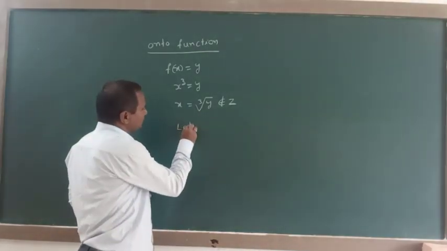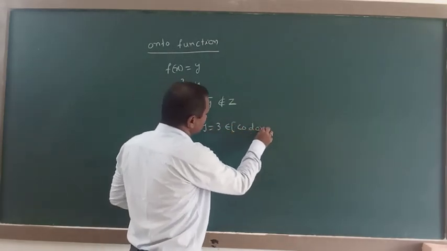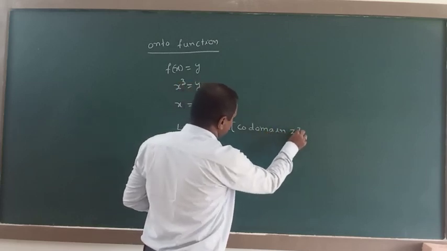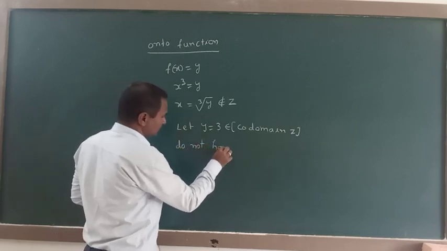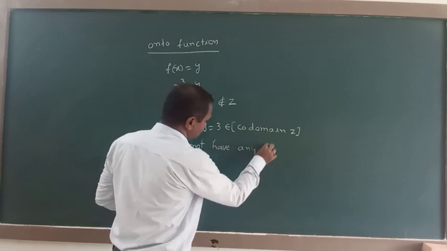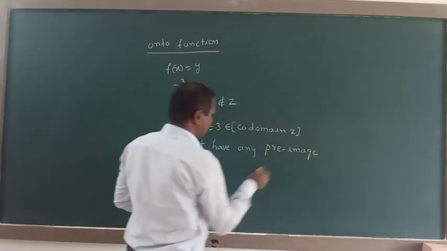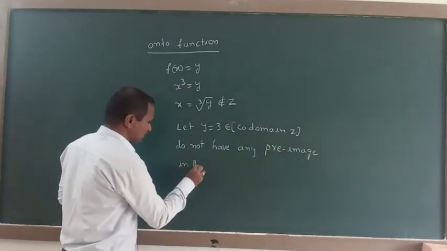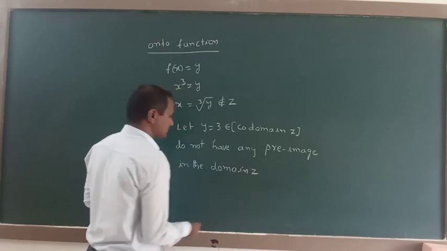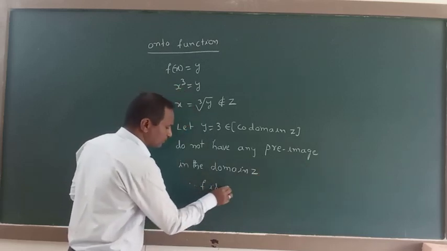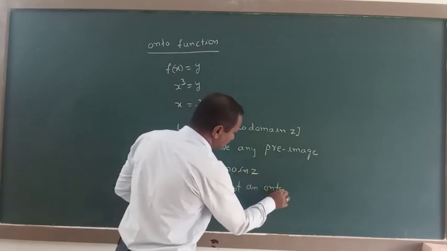Let y is equal to 3 belong to codomain Z. Codomain Z does not have any preimage in the domain Z. Therefore, f is not an onto function.